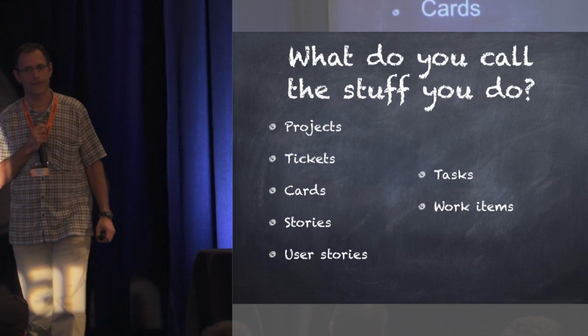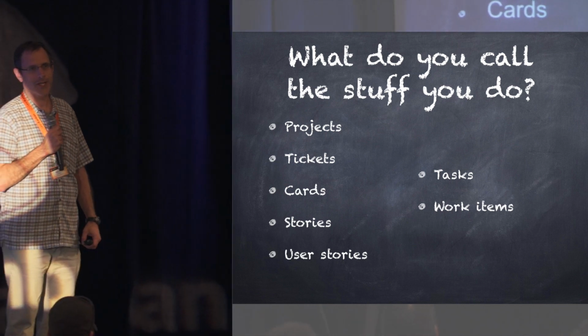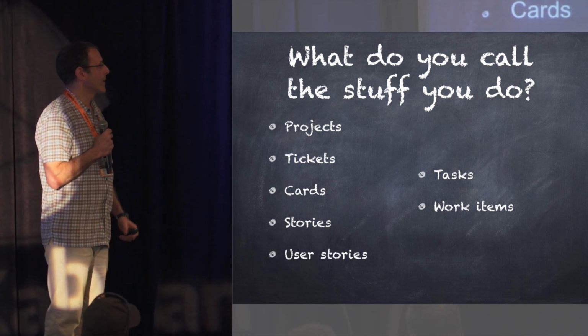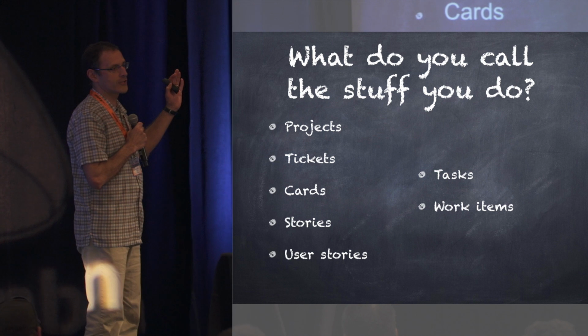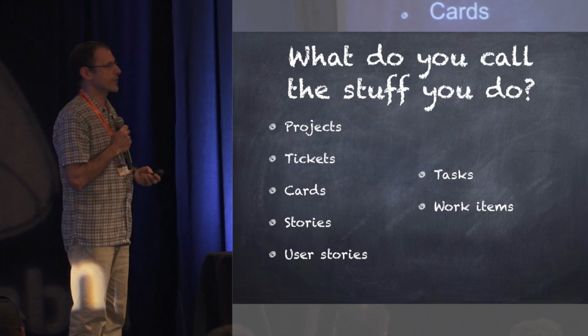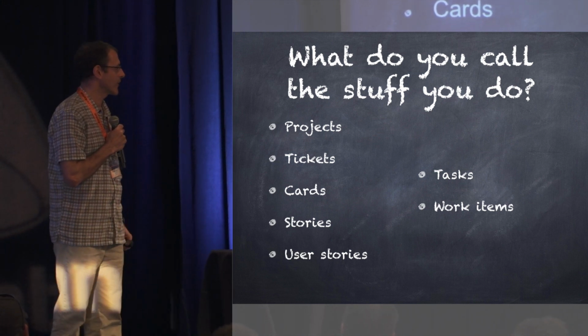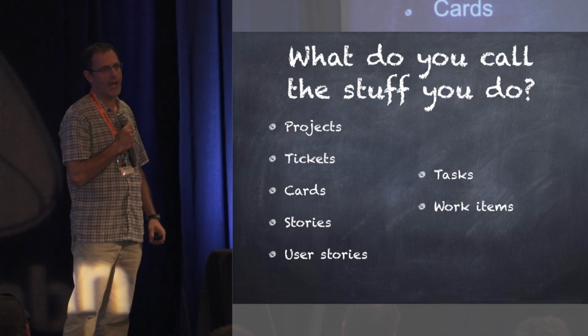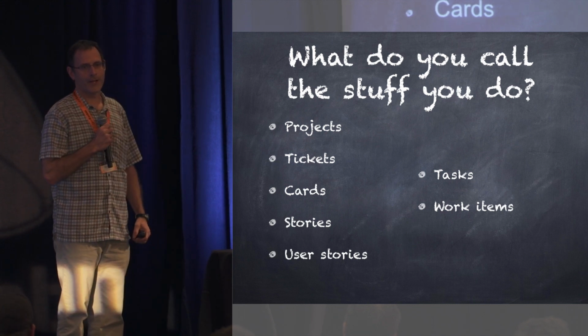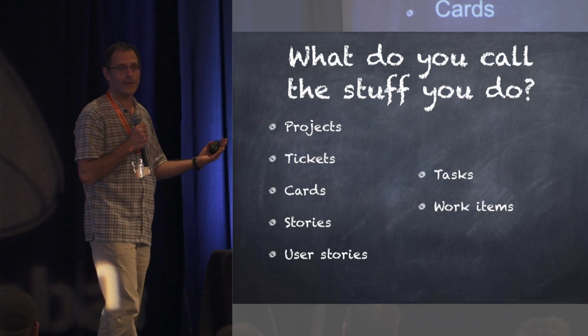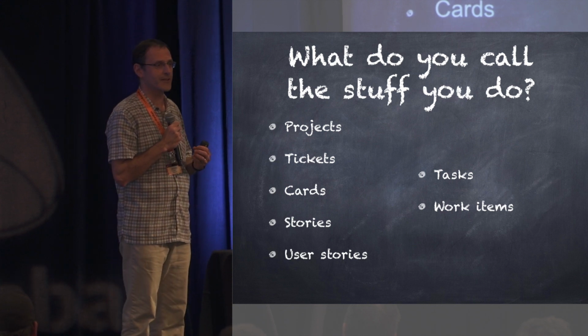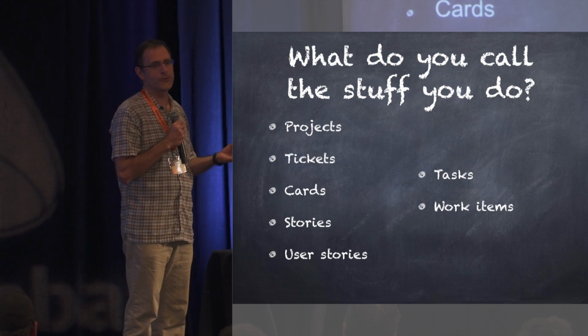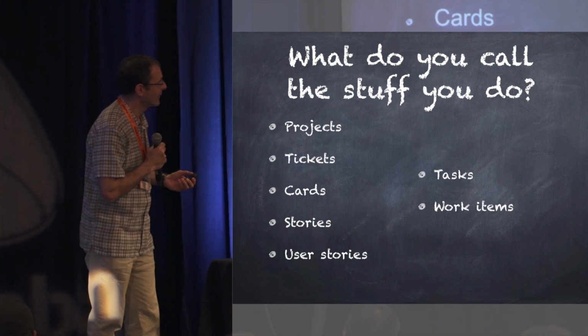And what do you call the stuff that you do? This one's kind of a biggie for us as well, because we call things projects. The things that flow across your board, people call them tickets, cards, stories, user stories, tasks, and work items. And depending upon who you talk to, things get very confusing. I've got customers that insist on calling a user story a ticket, which is okay.